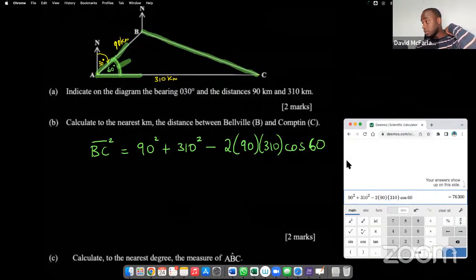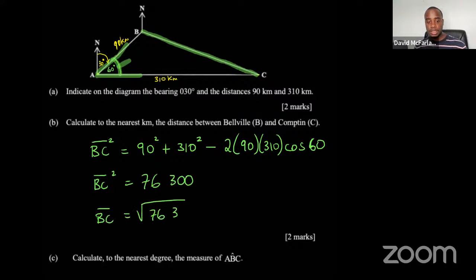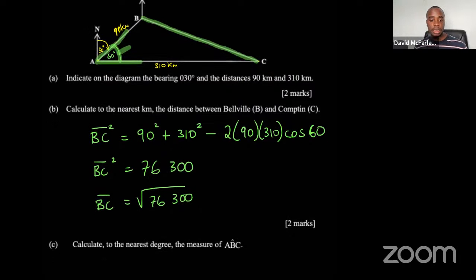So BC squared is 76,300. That means we can solve for BC, because it's going to be equal to the square root of 76,300. And what is that?